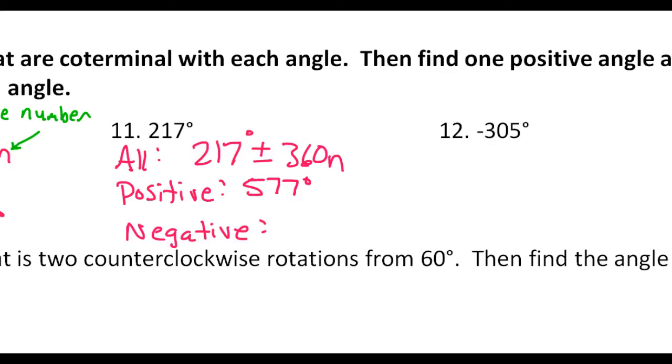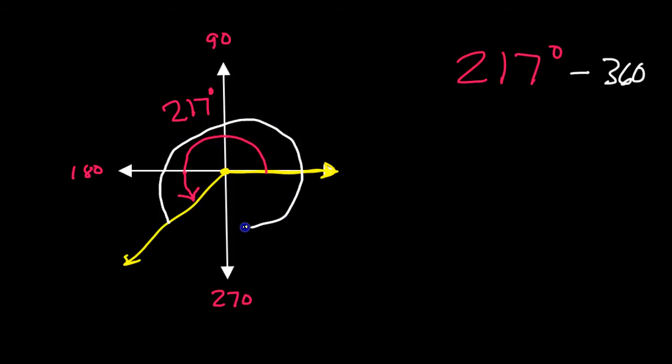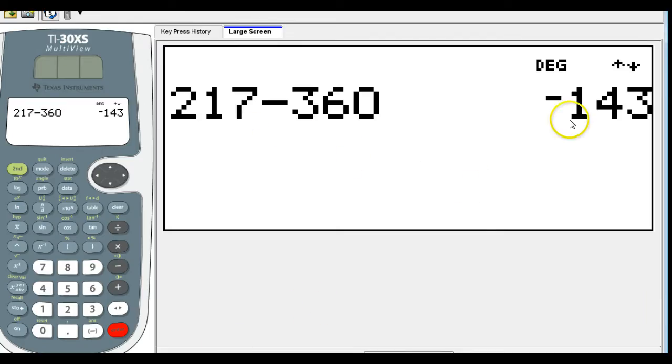Similarly, if I want a negative one, I think the easiest way to get the negative one will be to start from 217 and go all the way around in the negative direction, so minus 360 degrees. So if I started from here and went negative 360 degrees, that's going to be negative 143 degrees.